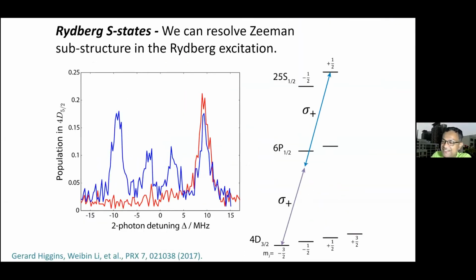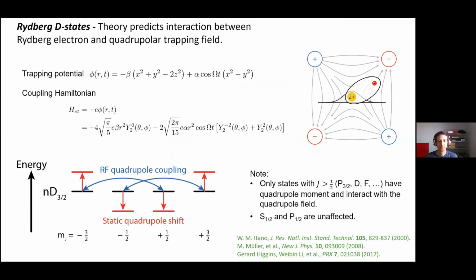Great. Okay. So coming back to the coupling of the D states to the quadrupole field, I said the D states, since they have a quadrupole moment, couple mostly to the oscillating part of your trapping potential. You can calculate the coupling; it's easiest if you transform this formula to spherical harmonics.